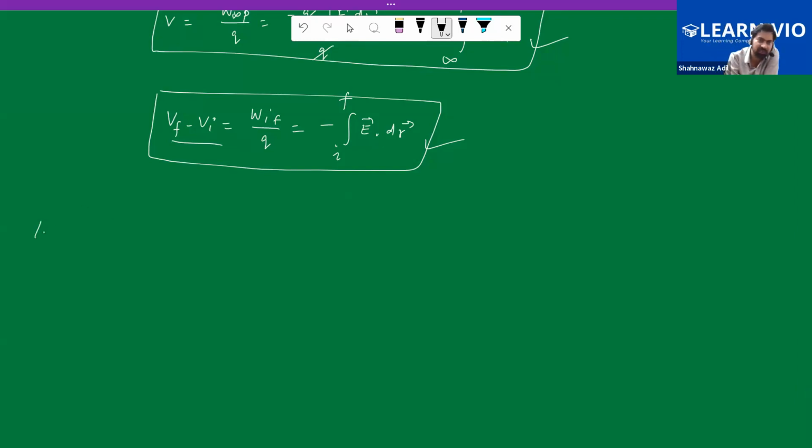So potential difference, this would be again two types. This is dependent upon E. So this is uniform, and this is variable.